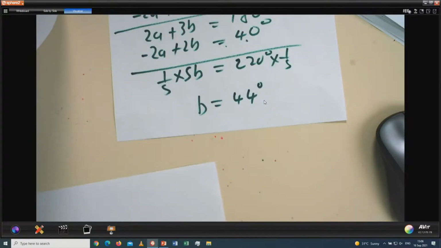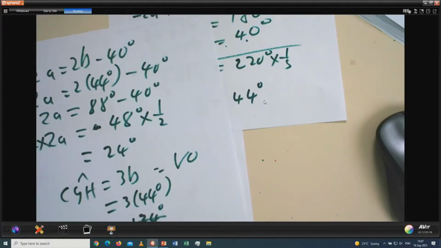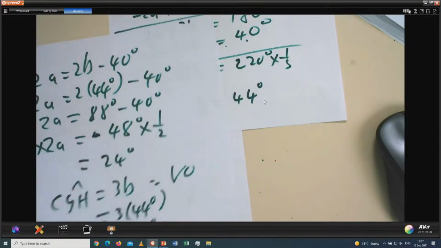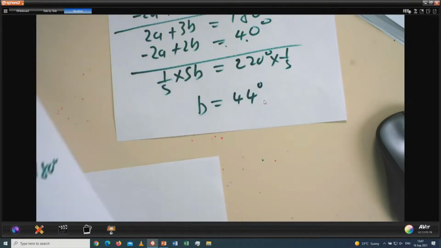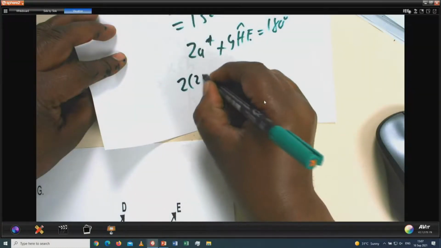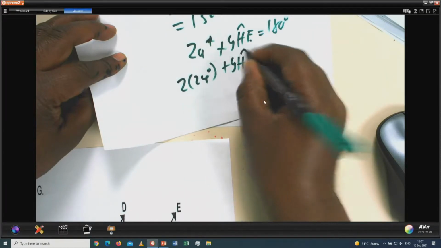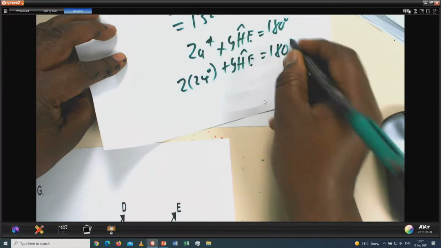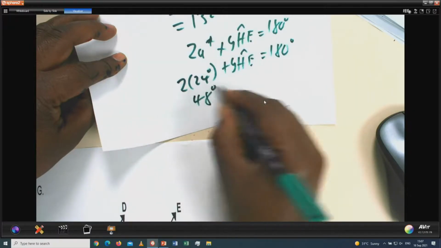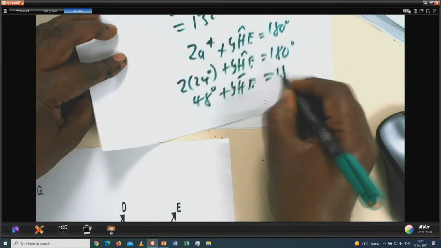But we have just calculated the value of a. What did we find a to be equal to? a is 24. Therefore, 2 times 24 degrees plus GHE equals 180 degrees. 48 degrees plus GHE equals 180 degrees.